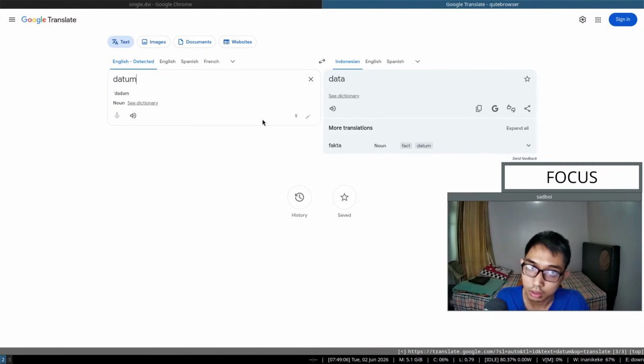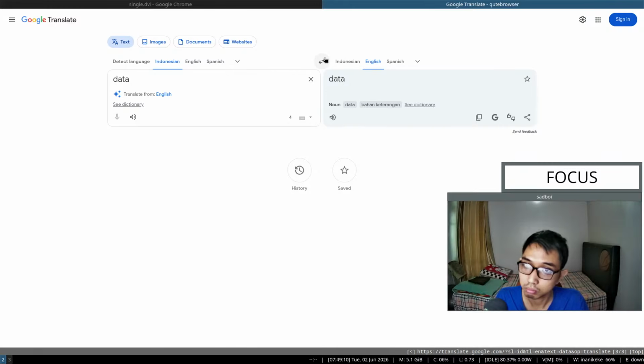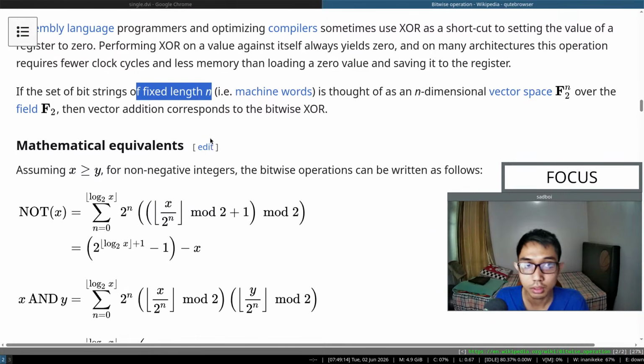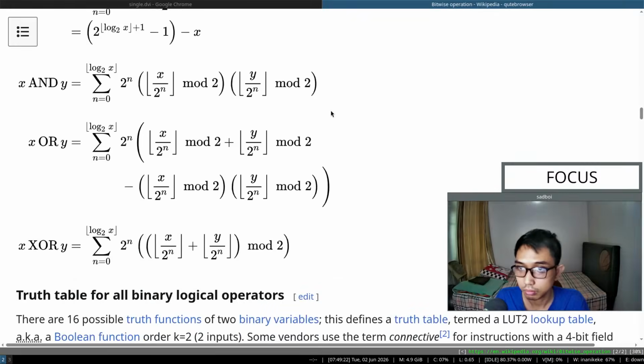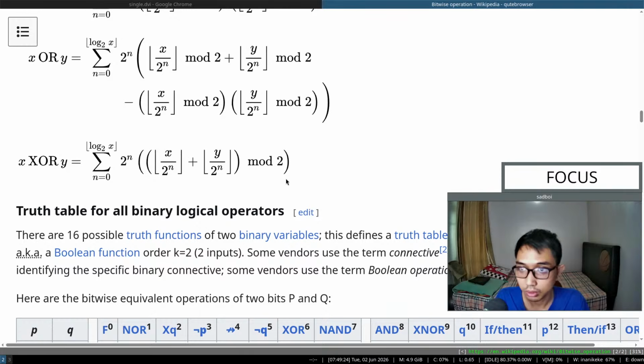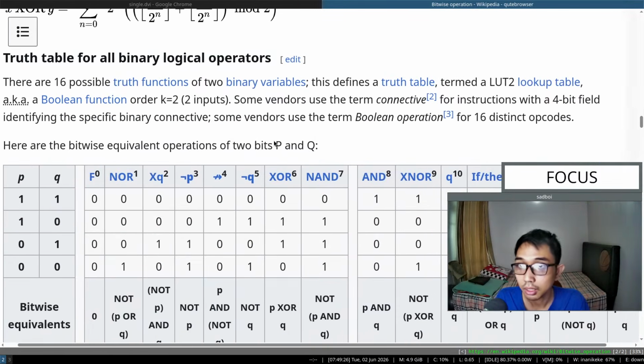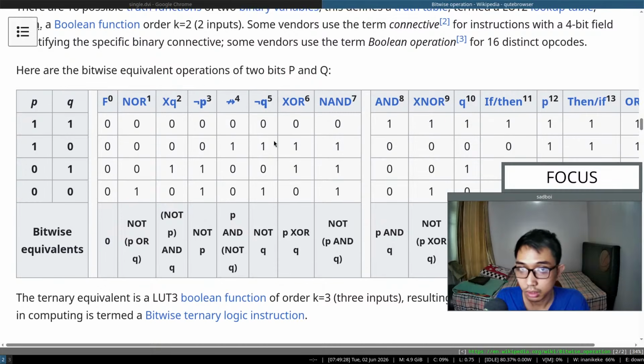Oh, okay. Data. Alright. Is thought of as an n-dimensional vector space. Okay. Well, in case anyone wants to understand this, go right ahead.